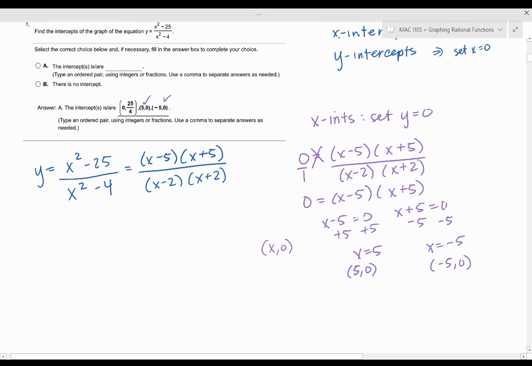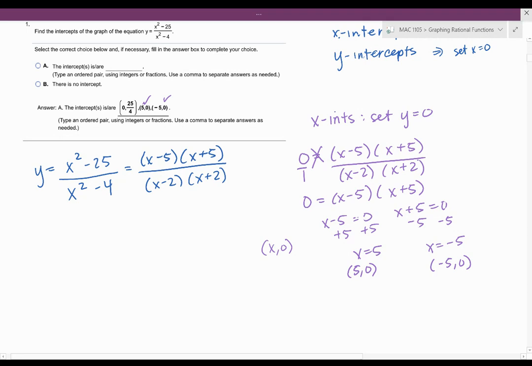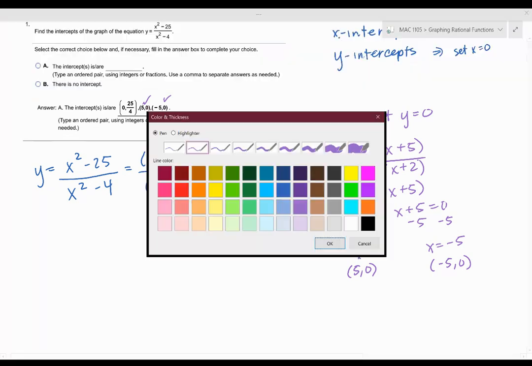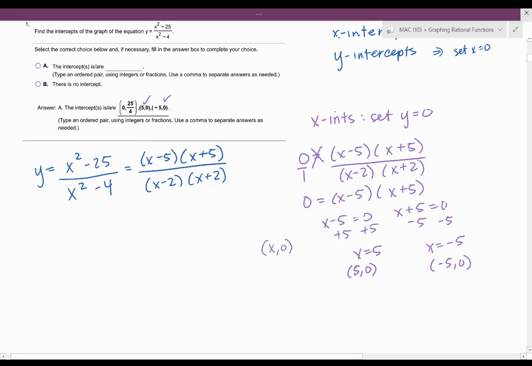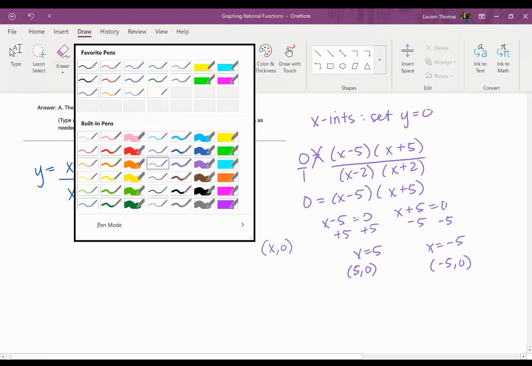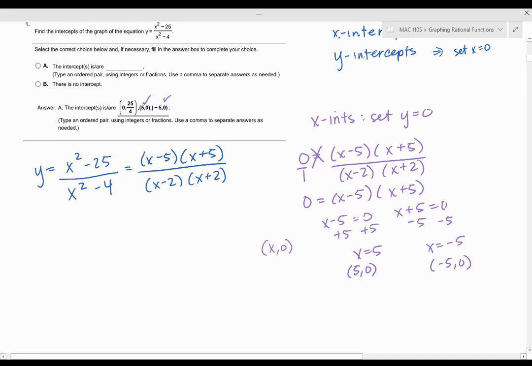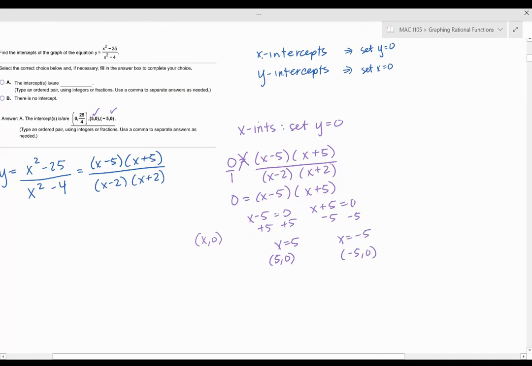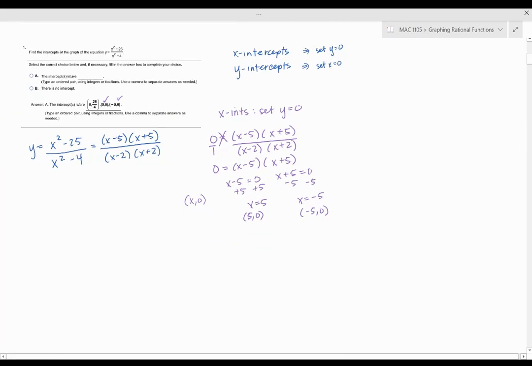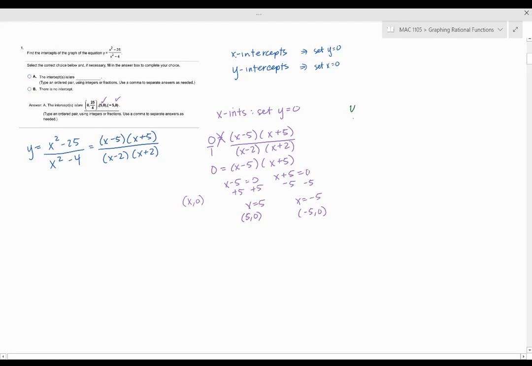All right, now let's go to find our y-intercepts. So let me change my color. All right, so to find y-intercepts, remember you're going to set x equal to 0. Okay. All right, so in this function, everywhere that I see an x, I'm going to make it 0.